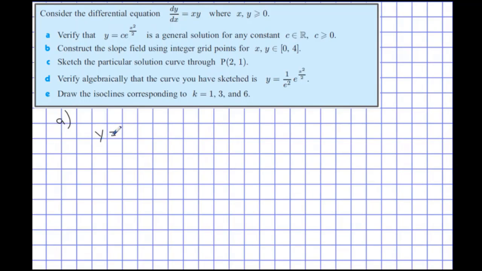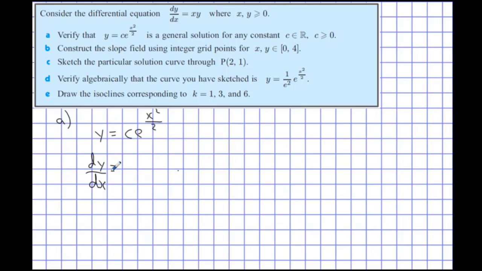Y equals c e to the x squared over 2. So dy by dx, well, for any exponential function that is a function of a function, you need to look at that power and differentiate it with respect to x.